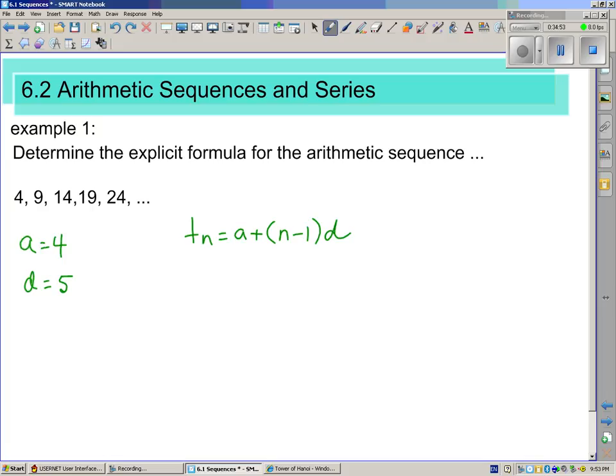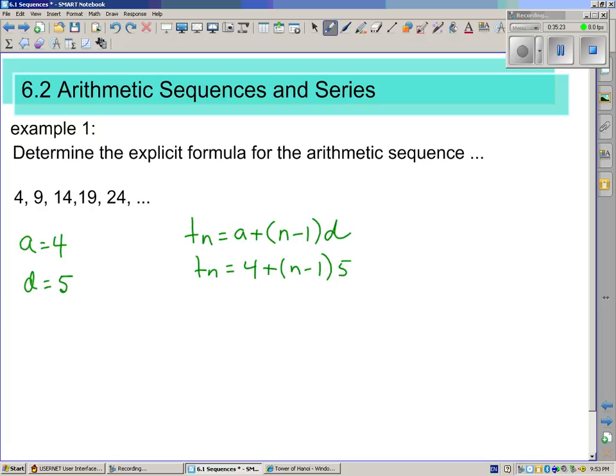Do I know a specific term number? Well, I know the fifth term's 24, but it has and so on, so I don't know where it ends. So I don't know what value I'm looking for. That tells me I need to find the general term. It's this simple, folks. Stick in A, stick in D, and simplify. A is 4.